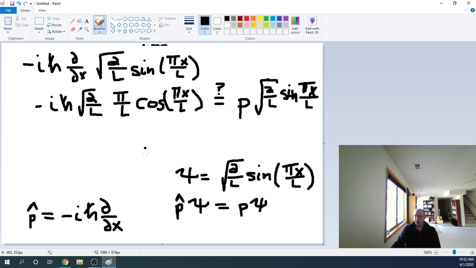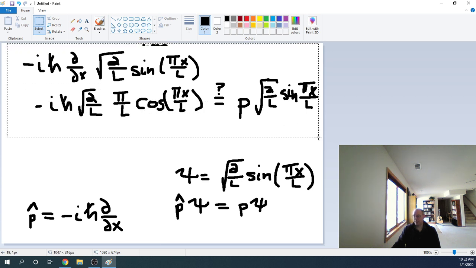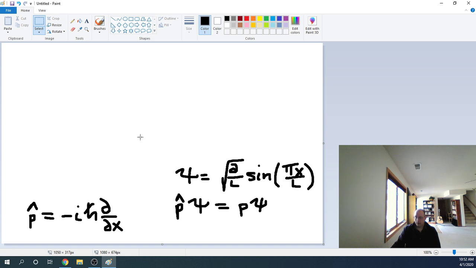So I'll show one other thing about this, just so you can see it. It's not really a review, but it gives you a little more thought about the idea of eigenvalues. The energy operator associated with the particle in the box.